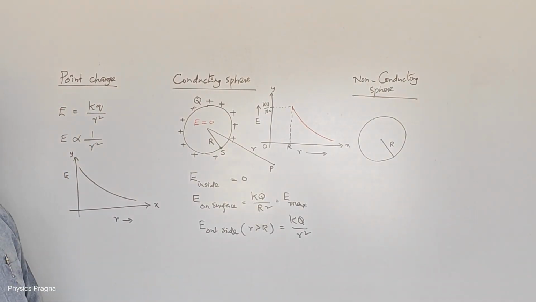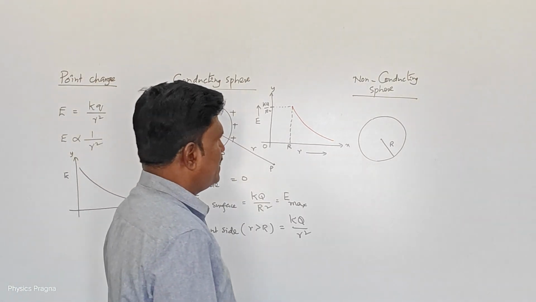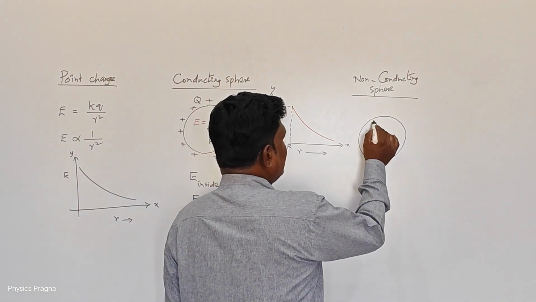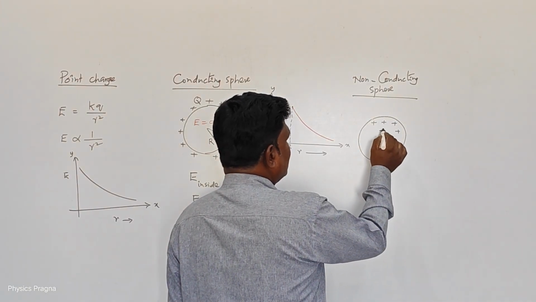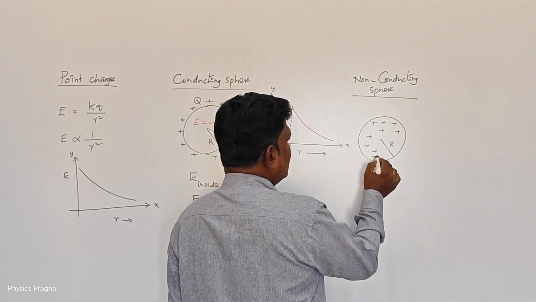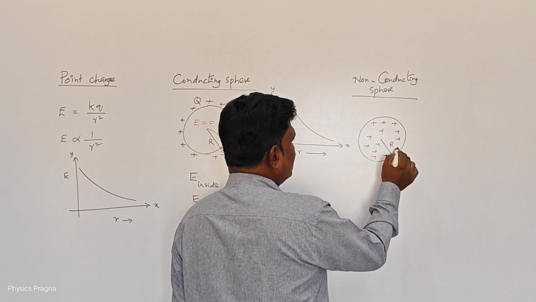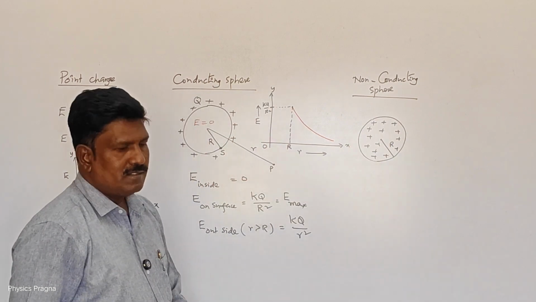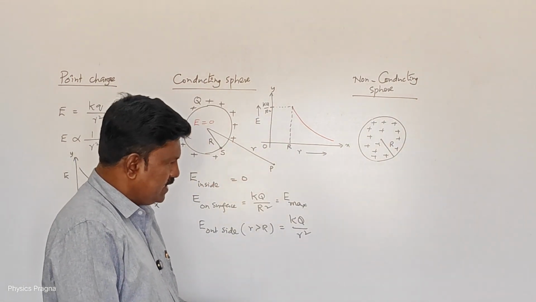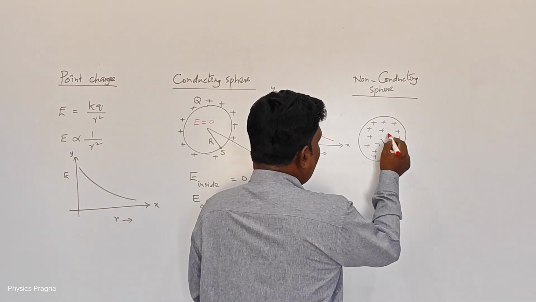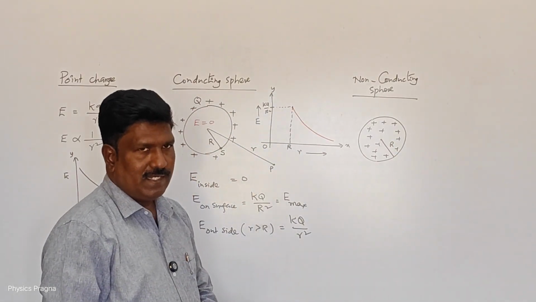So there is a restriction on electrons moving. The electrons won't move here and there, so charges won't be flowing from place to place. Whatever charge I have given to it stays there only. No change. So inside also the electric field is not zero, and outside also the electric field is not zero.